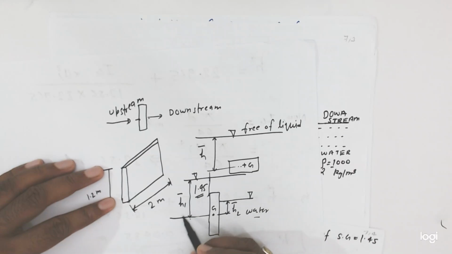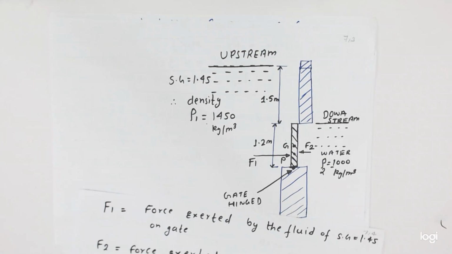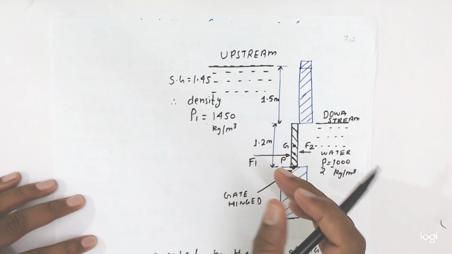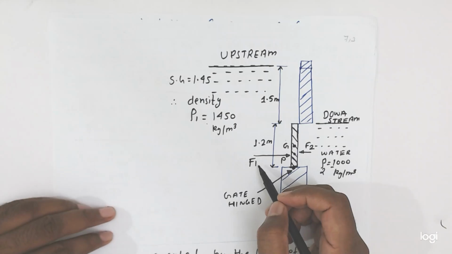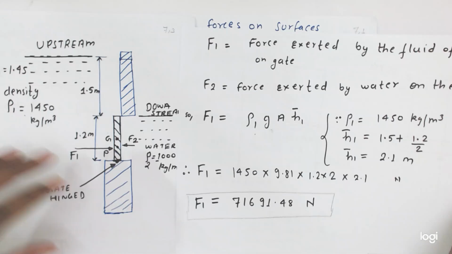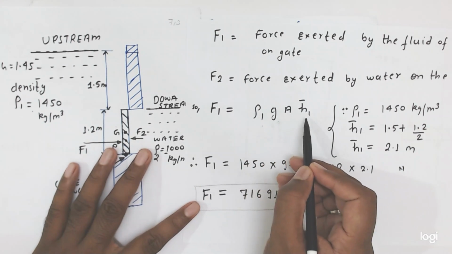Okay friends, similarly here, density is equal to how much? Density in this case is 1450, and here density is equal to 1000 kg per meter cube. Now see here, for the first case, if you calculate in this direction, in this part, the force exerted F1 will be ρ1 g A H1 bar.